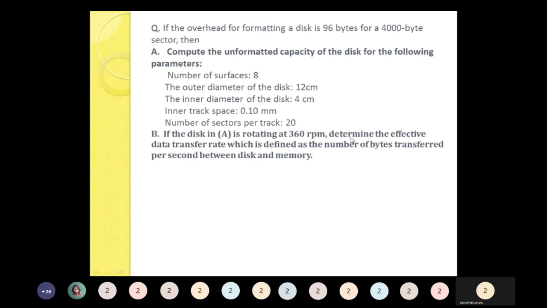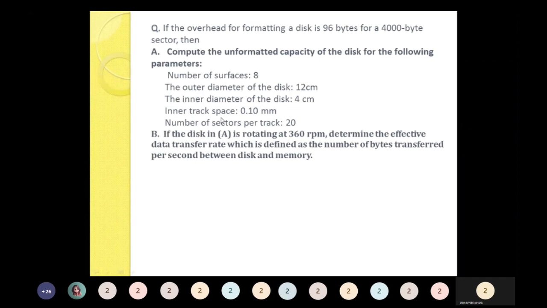Determine the effective data transfer rate, which is defined as the number of bytes transferred per second between disk and memory. So we have to calculate the data transfer rate here, since data is transferred between disk and memory and the RPM is given. So we have to calculate this A and B.